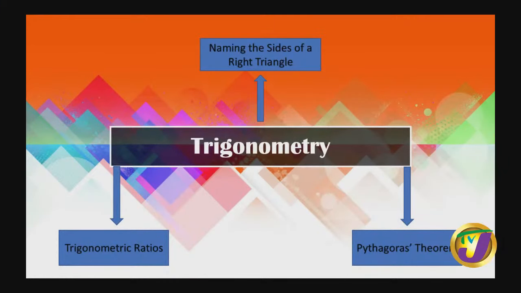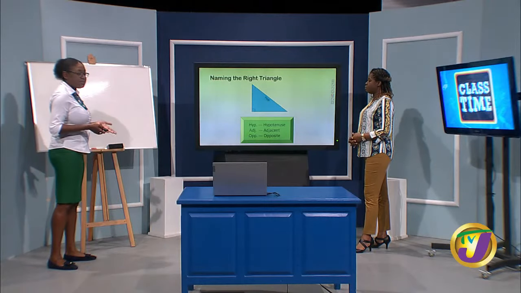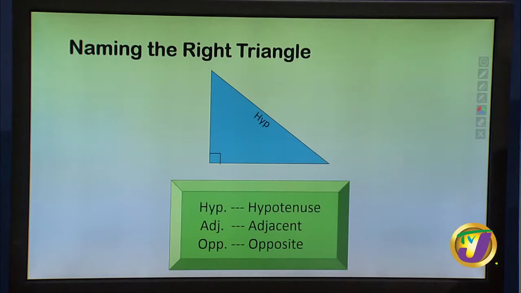Okay, so naming the right triangle. We just mentioned that the side opposite to the right angle is known as the hypotenuse side. And as Nikisha said earlier, depending on the location of the angle, we're able to name the other two sides, in relation to the angle.